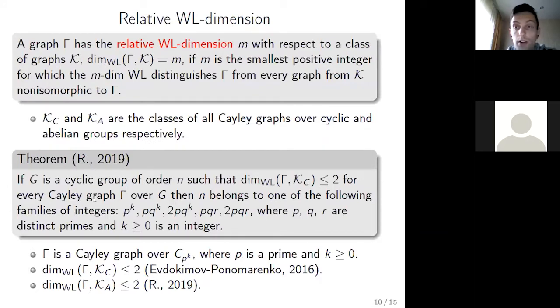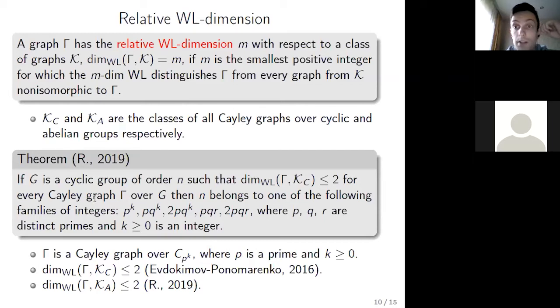In general, estimating the Weisfeiler-Leman dimension of a given graph is not an easy task. You see that the classes of graphs with small Weisfeiler-Leman dimension are quite easy classes. But sometimes it is possible to check that the Weisfeiler-Leman algorithm distinguishes our graph from every graph from some class.